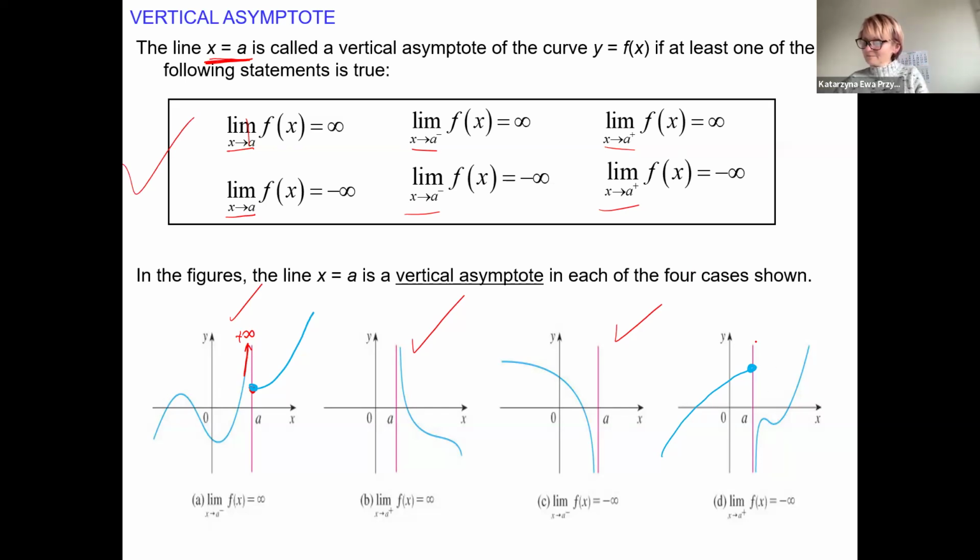The same here: on the right-hand side the limit is negative infinity, and on the left-hand side, let's say 5. It's fine. On one side it is definitely an asymptote, and this is enough to call this line a vertical asymptote.